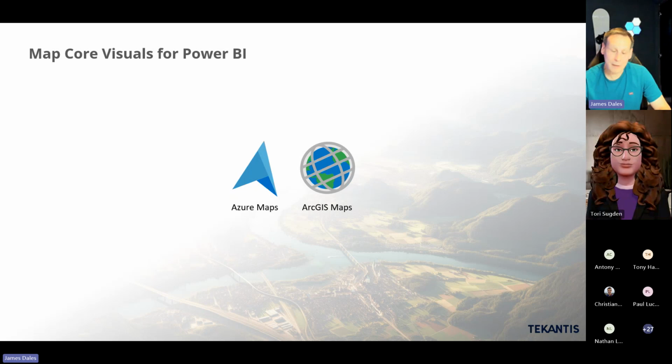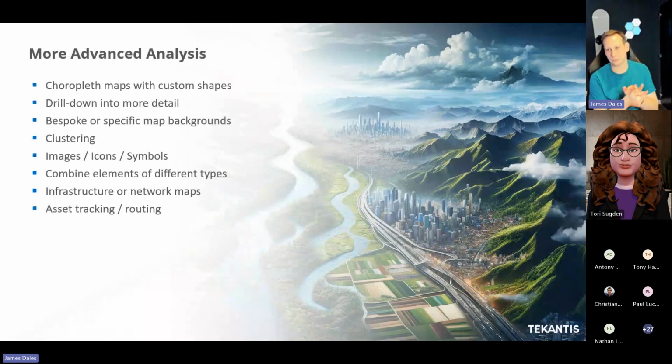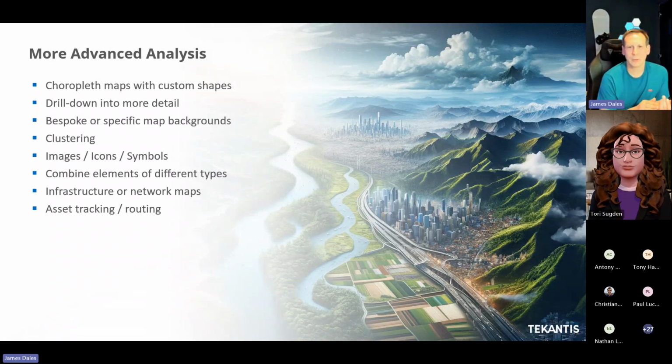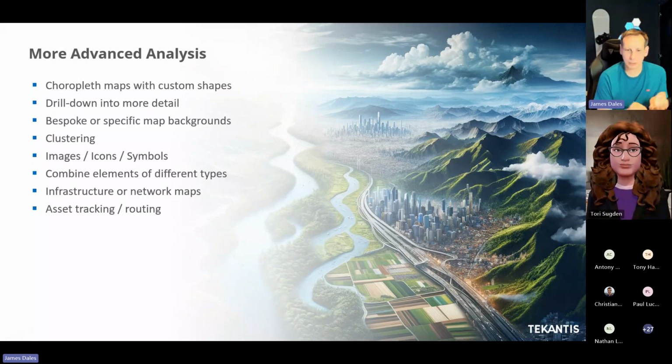Now, I haven't got time in 45 minutes to demo both the pros and cons of both of those visuals, so I'll talk a bit about the reasons that we might need more functionality as we go through, but some of that additional functionality is things like what happens if we want to build a choropleth map.